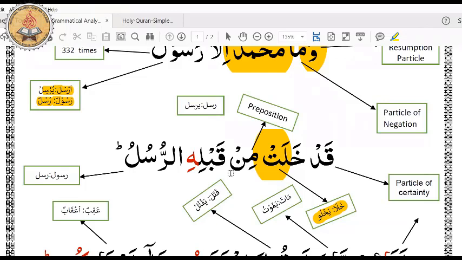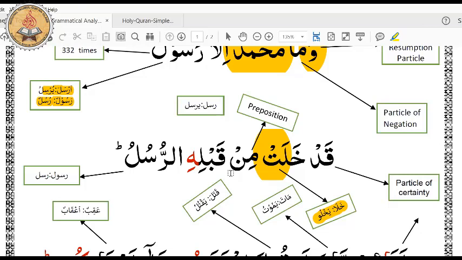So because of ila, the preposition, is forcing or pushing the last letter downward, like ilallahi, or bi, like bismi. The bismi is because of ba. We have already covered this in the particles of preposition.